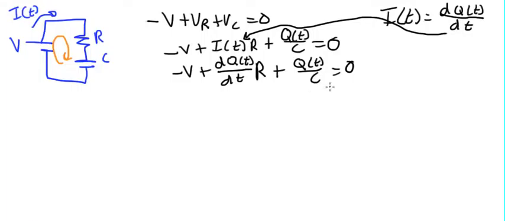So this is a differential equation, and we can solve for it, but usually in this class we just guess the answer. The answer that will work is Q of t equal to CV times 1 minus e to the minus t over RC.